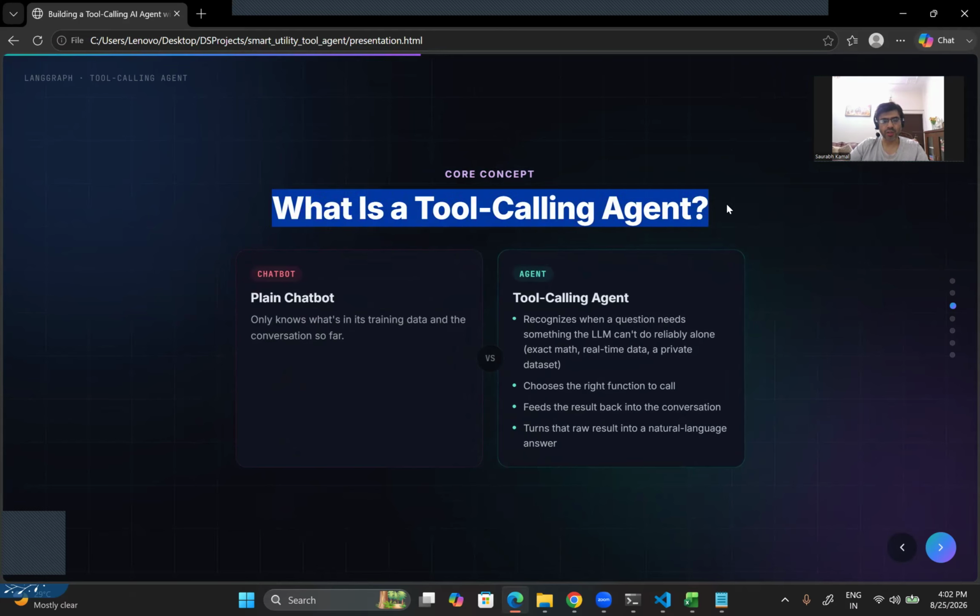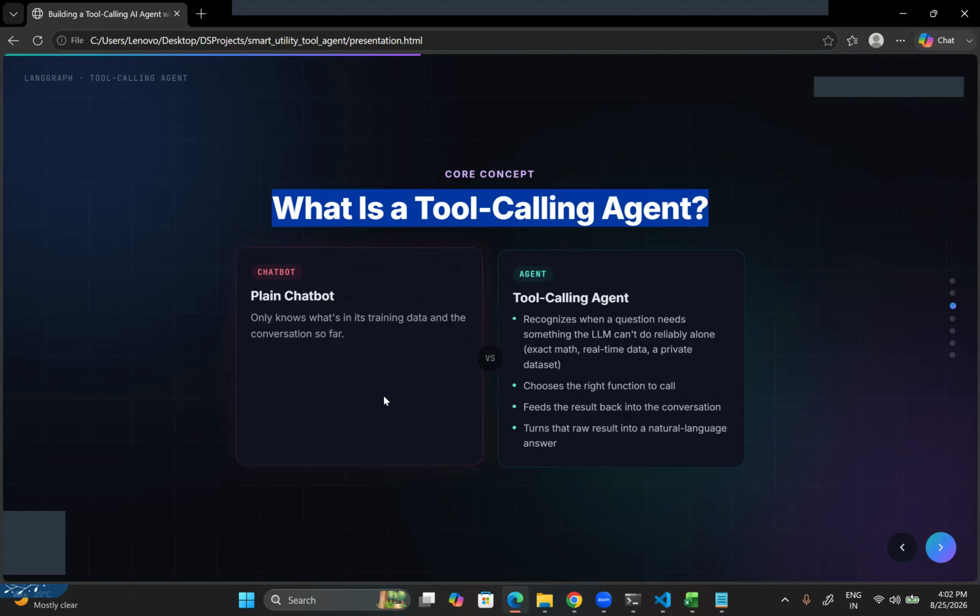So this is the core concept. What is a tool calling agent? Now, a plain chatbot only knows what's in its training data and the conversation so far.